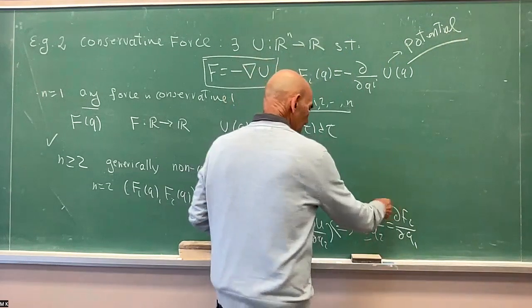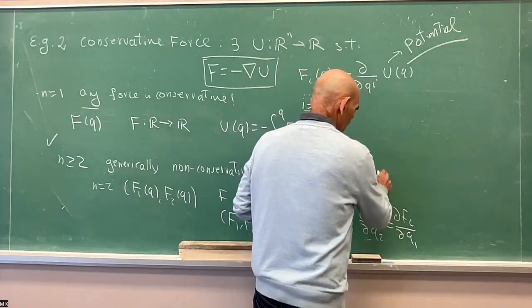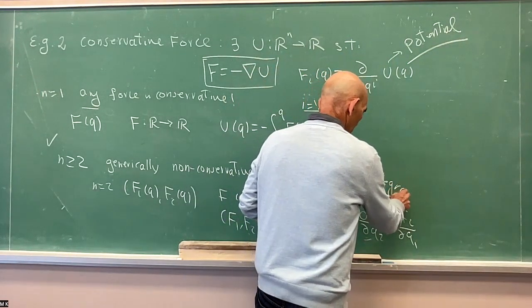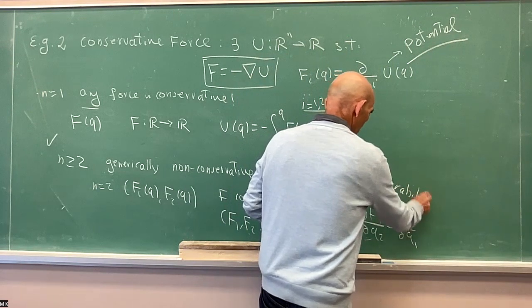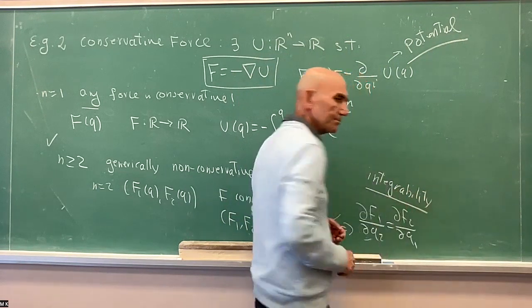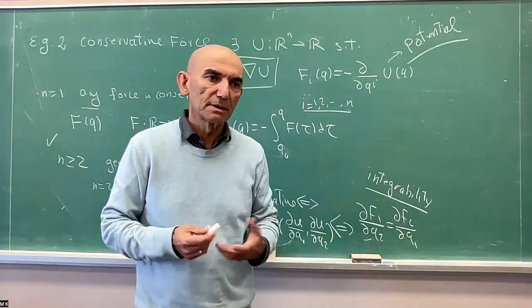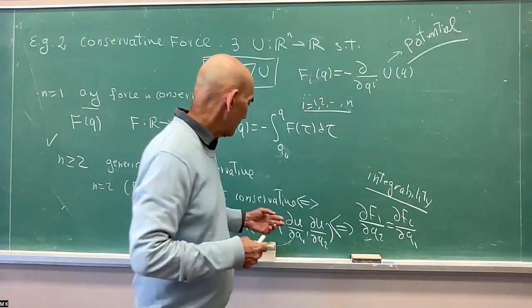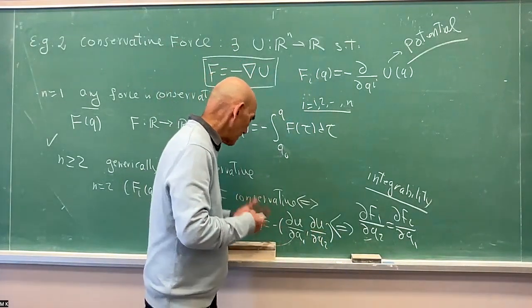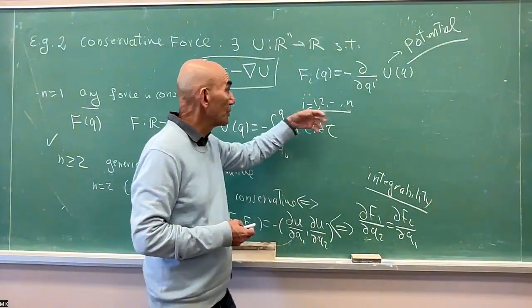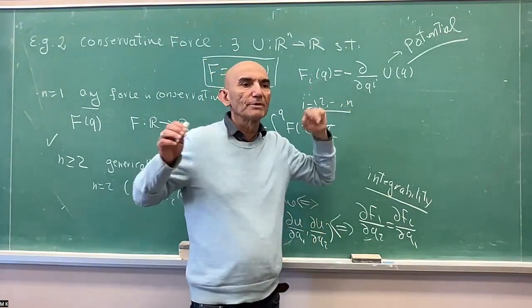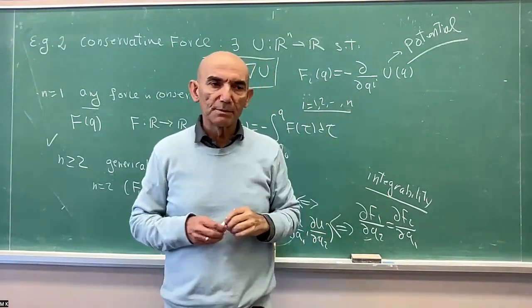So in other words, this is integrability. Vector fields have to be integrable in this sense. It means that they can be integrated, and this potential U is an antiderivative in some sense of F in higher dimensions.